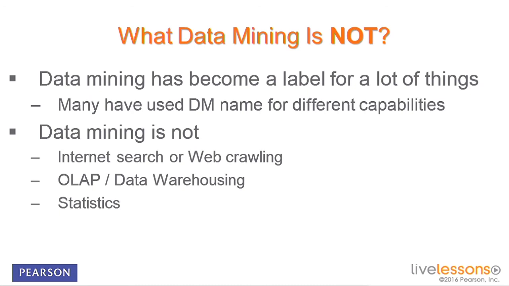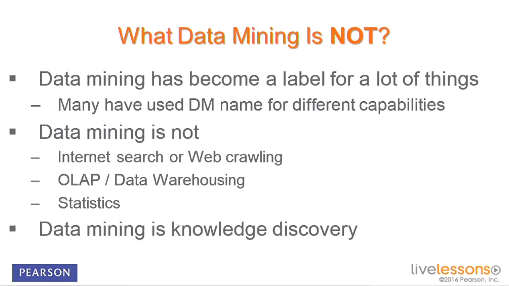So data mining uses more of the modern-day information processing in the AI sense than it does statistics. Data mining at the end of the day is the discovery of knowledge. Again, going back to the definition, it's a non-trivial process of tapping into data, finding something new, useful, and novel, and then using it in a business context or a social context to make faster, better, more informed, more evidence-driven decisions.